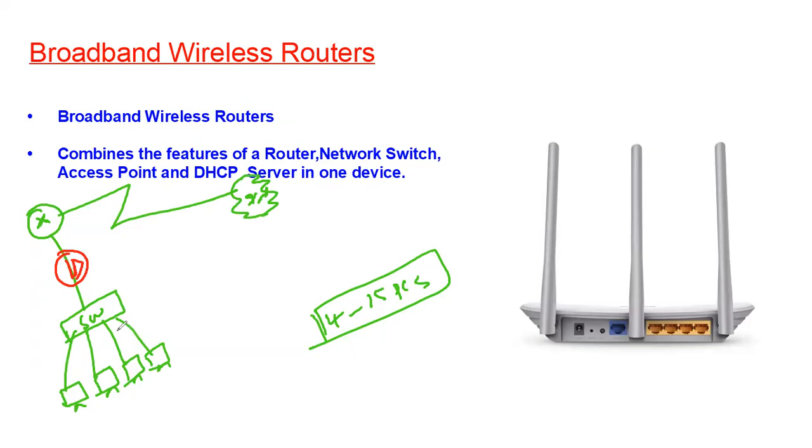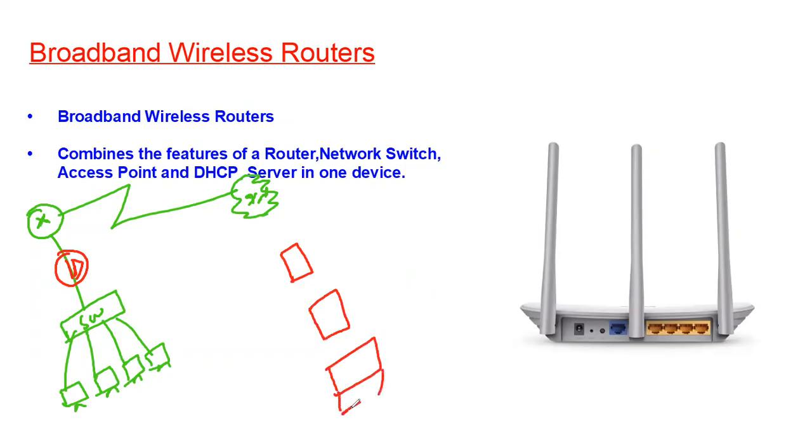Then your fourth requirement is to connect the wireless devices. Most networks nowadays have wireless devices like smartphones, tablets, and laptops, etc. So let us say you have some wireless devices and you want to connect these wireless devices to your LAN.